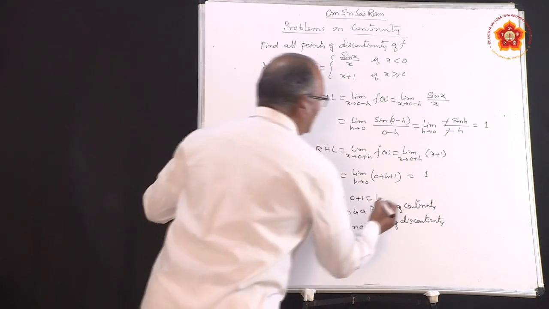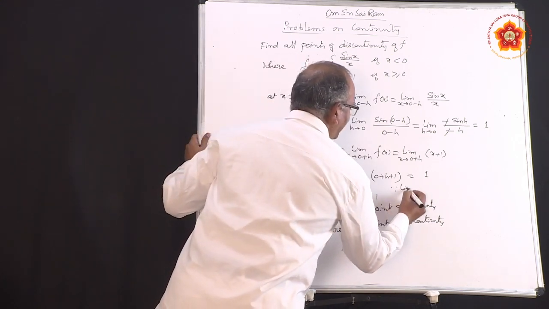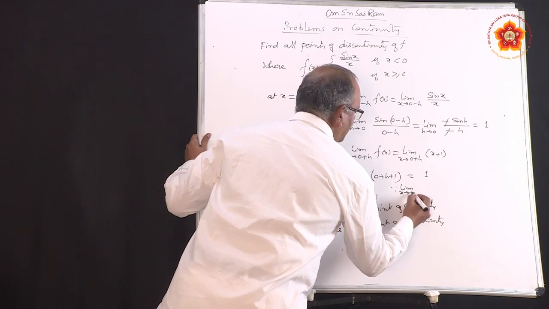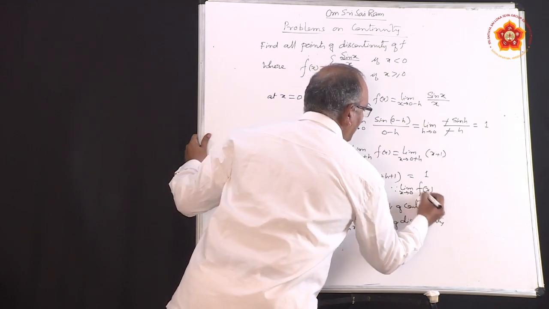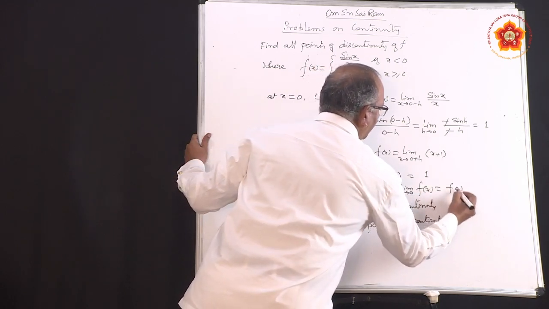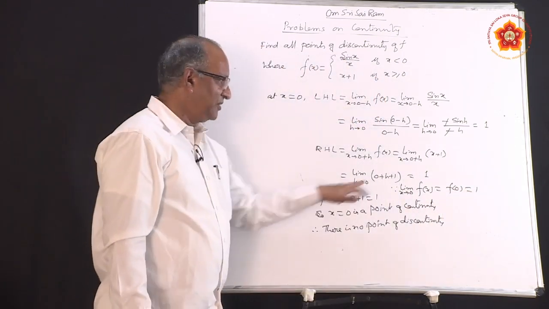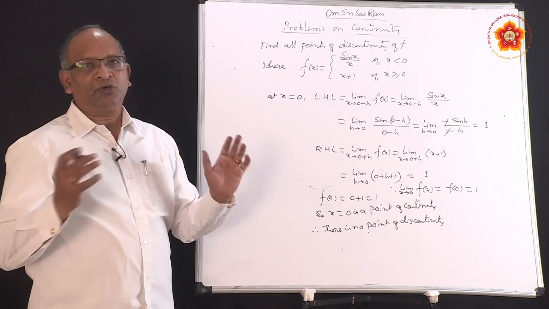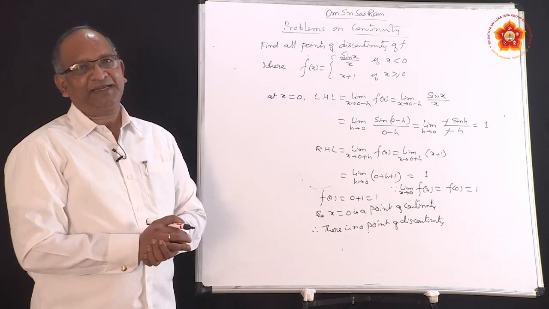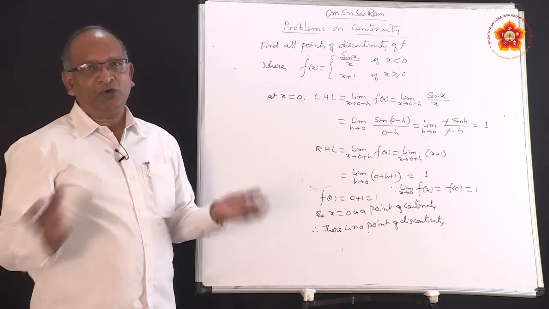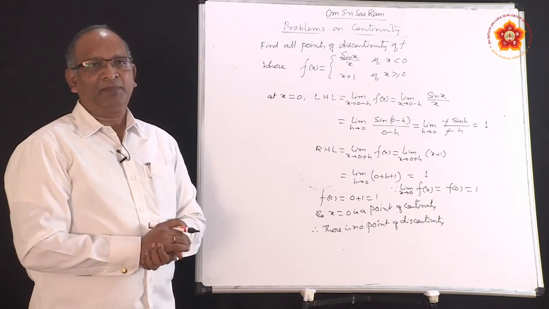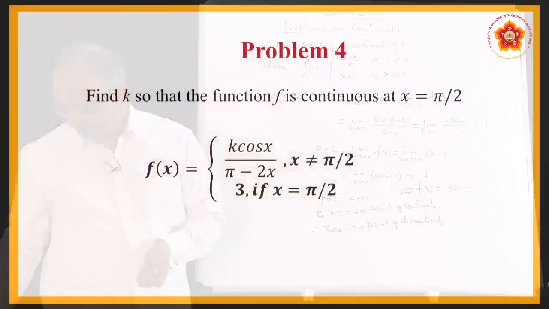Why is it so? Because limit x tending to 0 f of x is equal to f of 0 equal to 1. Limit of the function is equal to value of the function. So, the function is continuous at x equal to 0. There is no point of discontinuity. Let us move to the next problem.